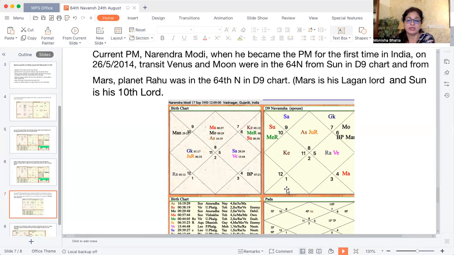Then the next point is that Rahu was in the 64th Navamsha to Mars. So Mars is the ascendant lord here, and the 64th Navamsha is the Libra sign where Rahu was transiting at that time. So as I said in the earlier slides, Rahu can give very good results while transiting the 64th Navamsha, but it can also give very negative results.